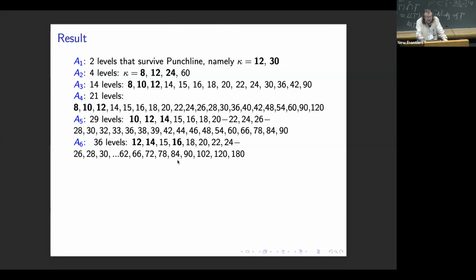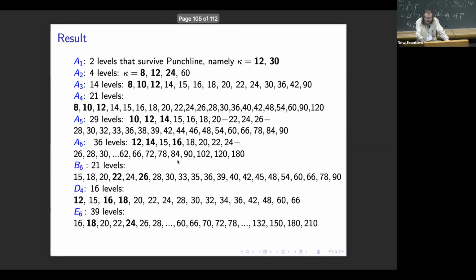So the levels that survive the punchline are written here for the Lie algebras, the A series up to 6 and the other guys. And so just to choose a random example, A4 will have 21 levels that survive this. The boldface are where there actually is an exotic quantum subgroup.